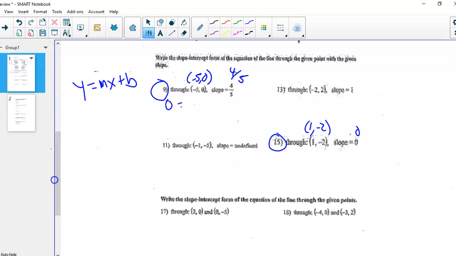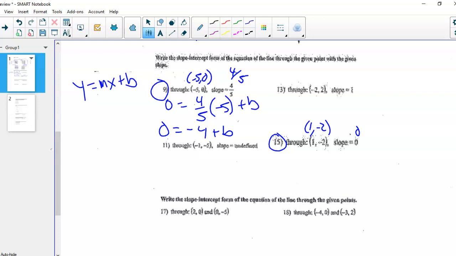So 0 equals 4/5, your X is -5, plus B. What's 4/5 times -5? Negative 4? Yes.